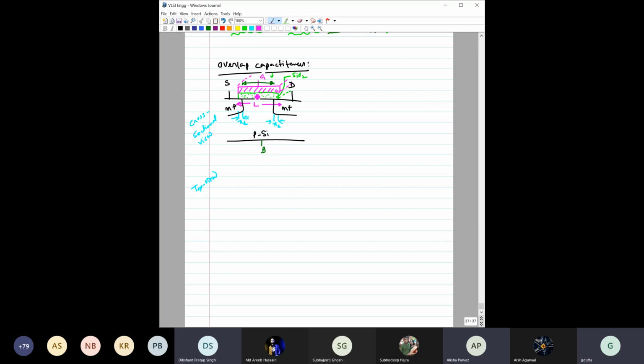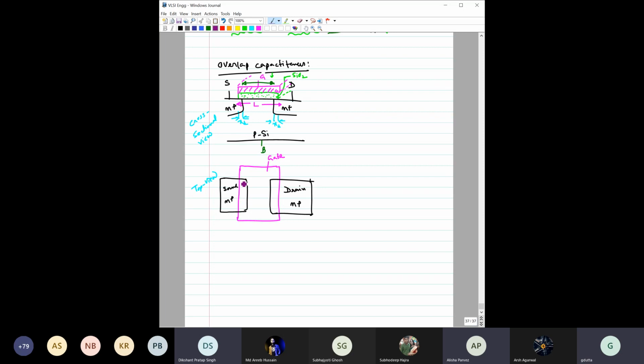Let me choose the same color, pink, which we used for the gate. So this is that gate part, and inside that you have this drain N plus and this source N plus.